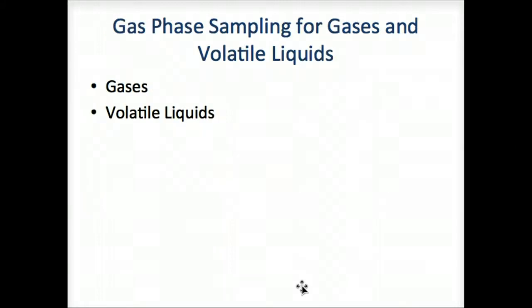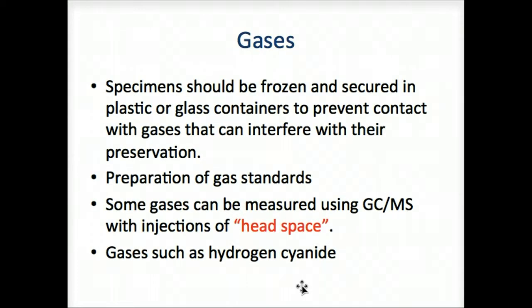Let's talk about gas phase sampling for gases and volatile liquids. Gases. Specimens containing gases or volatile liquids should be frozen and secured in plastic or glass containers and held frozen until ready for analysis. This will prevent gases such as methane, ethane, propane, nitrous oxide, nitrogen, phosgene, chlorine from interfering with preserving the samples.